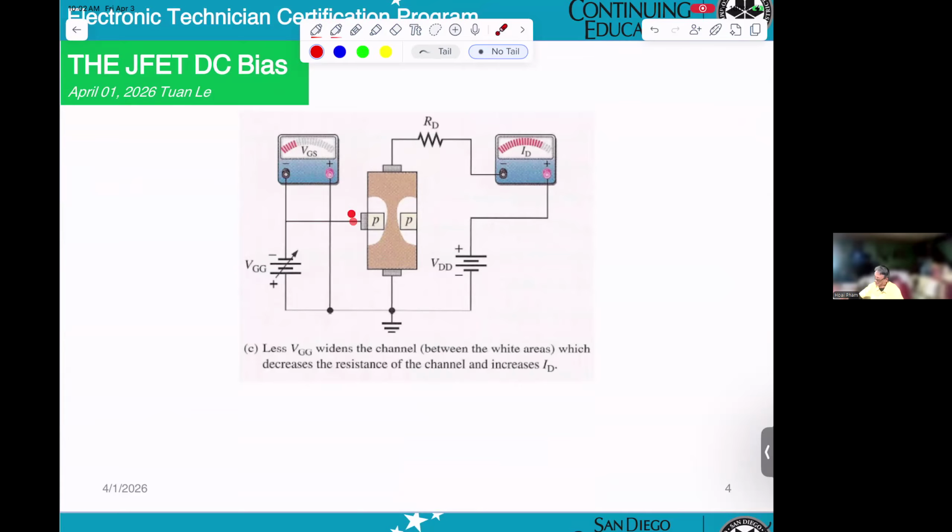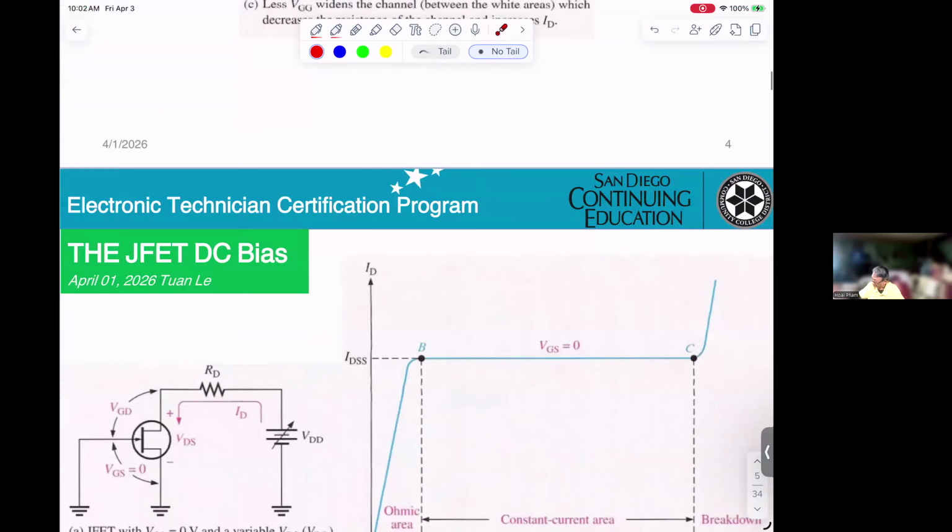You see VGG or V gate is less negative, and that will be telling you the current ID will be more and more bigger. If you look at your channel here between the drain and the source, it is wider, that's why more current flows, and that's why you get more current.